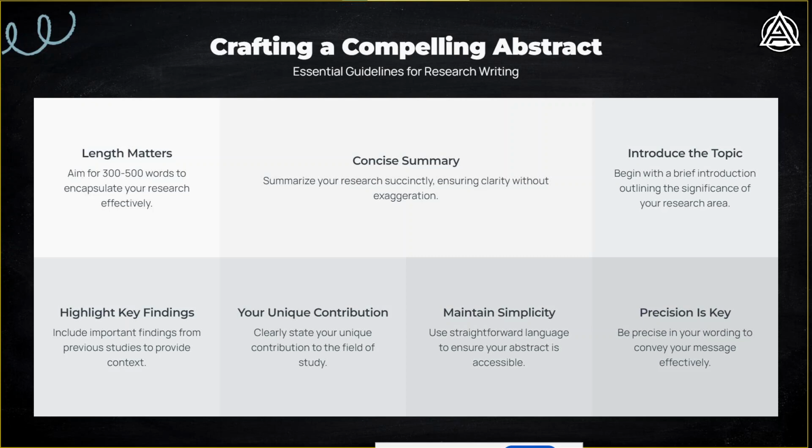If you are writing a research paper on launch vehicles, you should not write a definition like: a launch vehicle is a vehicle that delivers a satellite from Earth to any orbit. That basic information should not be in the abstract. It should be very short, concise, and precise.